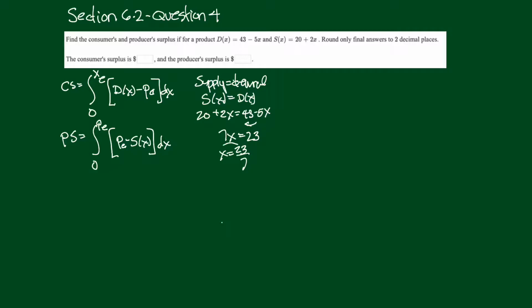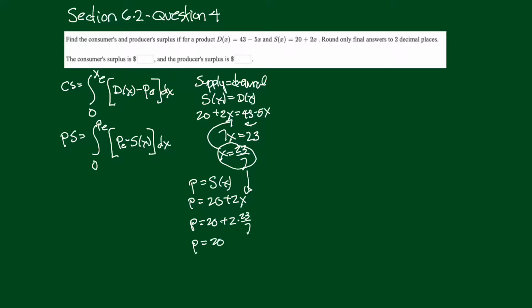And now once I've got the x value, I can put that into either S or D to get the p value. Let's just put it into the supply function. So p is equal to S of x. The supply function was 20 plus 2x, so this is 20 plus 2 times 23 over 7.